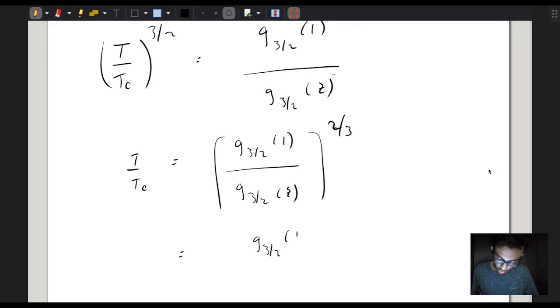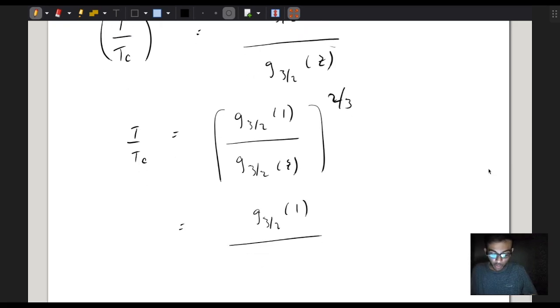So we want to expand this near z equal to 1, because we want to find the relation between t minus tc and z.